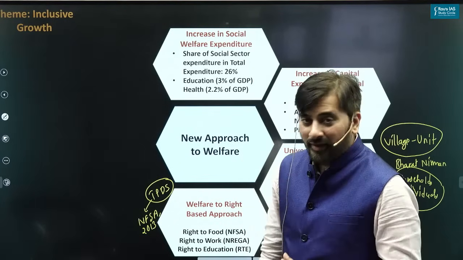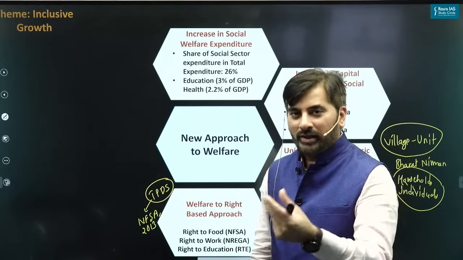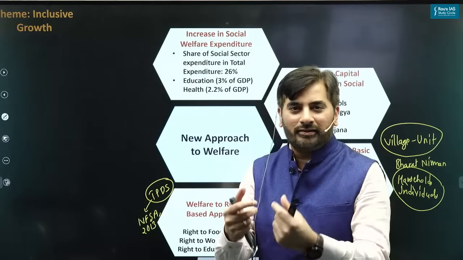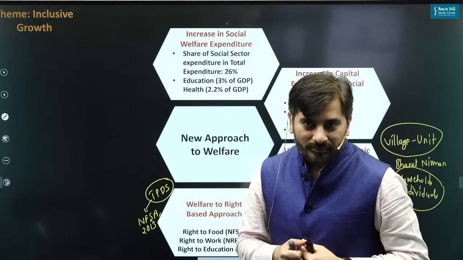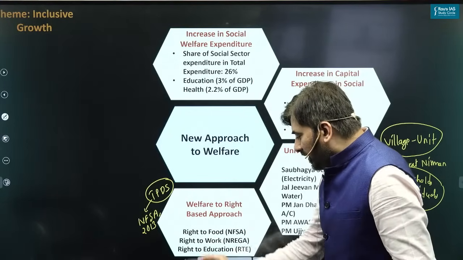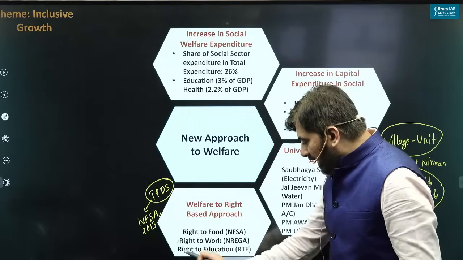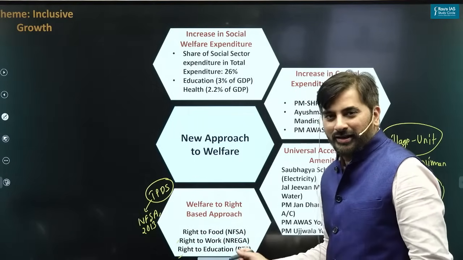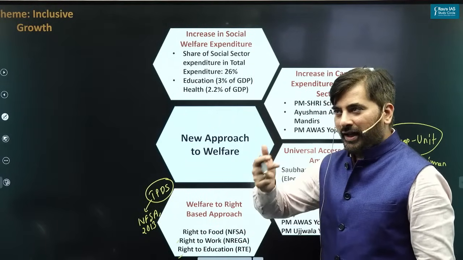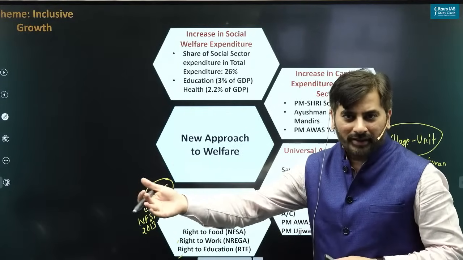And it being said, if the government is unable to provide subsidized food grains to the people, then people are entitled to get a food security allowance. So just like how we have a right to food, we have a right to work under MGNREGA. Similarly, we have a right to education under RTE. So you can see how the welfare in India has undergone a paradigm change, right?